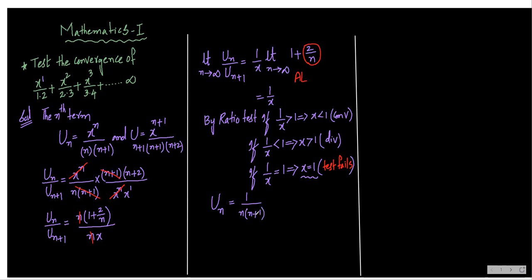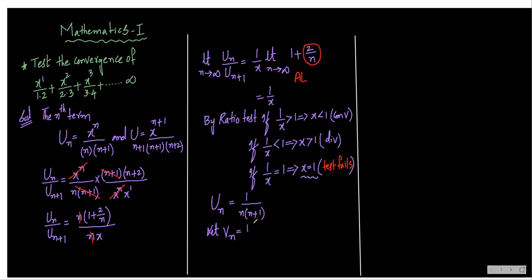Now if un is this one, then we have to find out vn value. Vn is equals to, what is that?